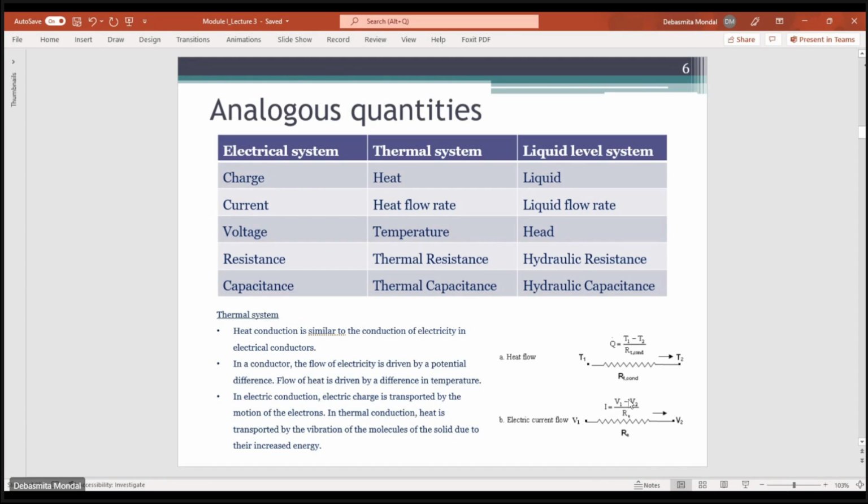So voltage is analogous to the head in a liquid level system. Similarly, resistance is thermal resistance in a thermal system and hydraulic resistance in a liquid level system. Likewise, we have thermal capacitance and hydraulic capacitance.